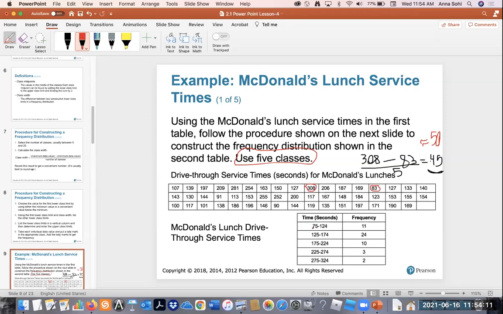You choose the first number, and you make sure that it is less than your minimum. Then you add the class width to get the next number. What is 75 plus 50? 125. What is 125 plus 50? So you first start with setting up the first values. Add another 50, and again, 50 is the class width.